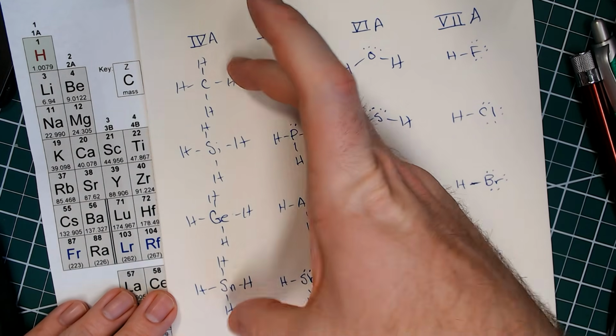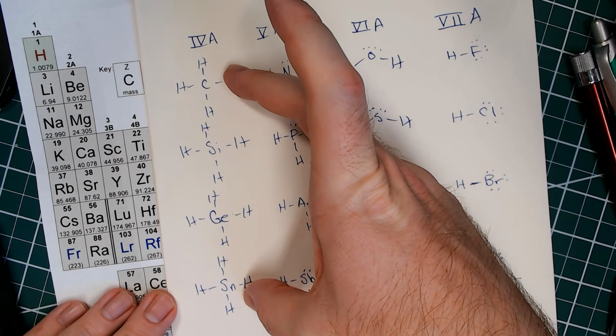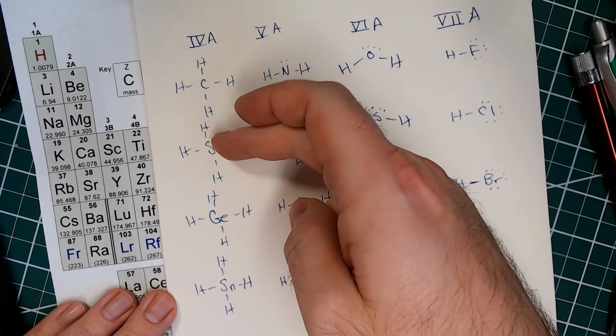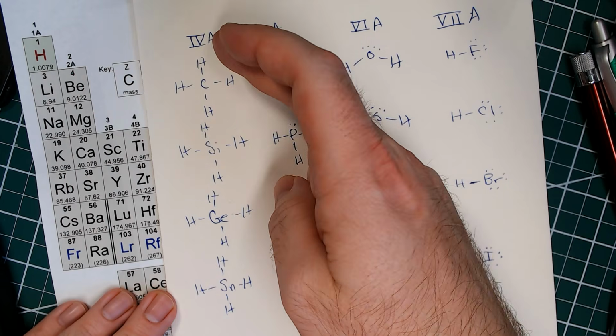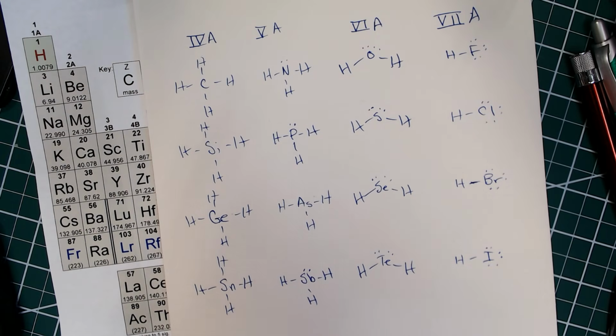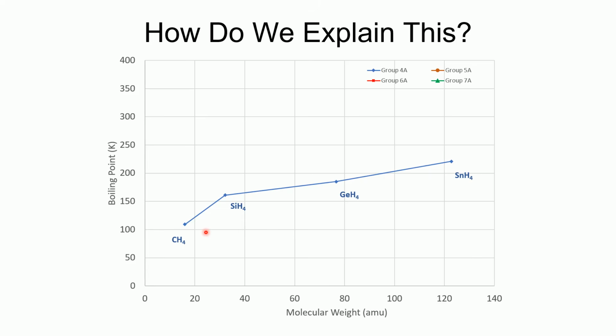So really the only thing that will determine the boiling point of these is how strong the dispersion forces are. And that's simply because they get bigger as we go down that list. So as they get larger, we'll find that the boiling point increases. That is a completely normal, expected result.